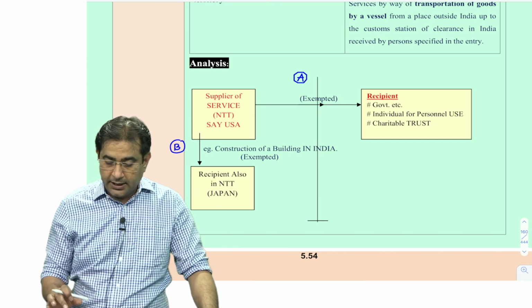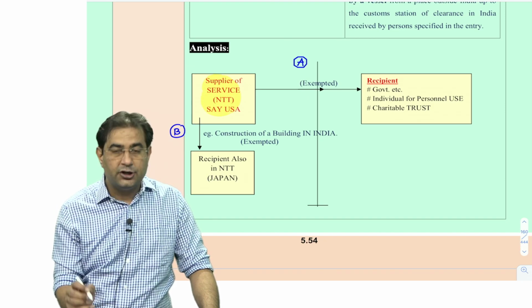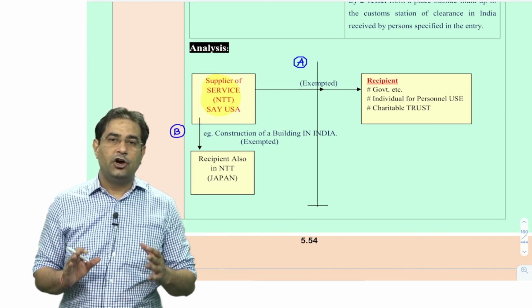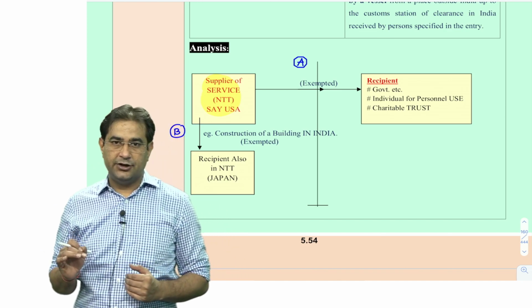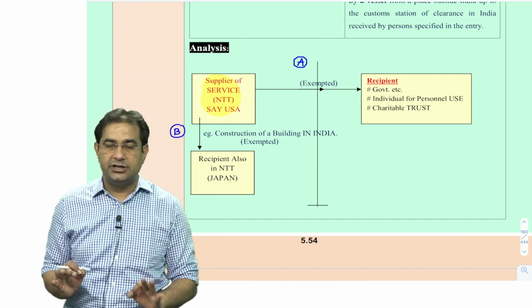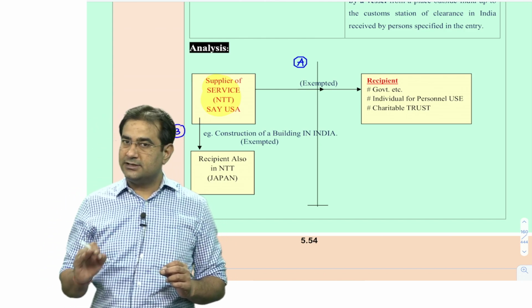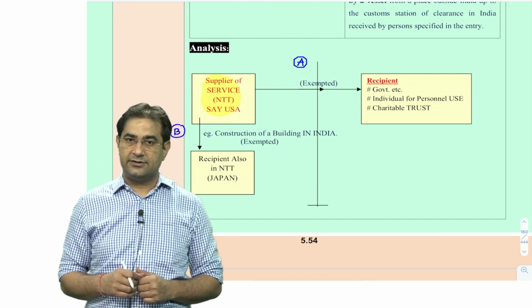Is it okay? Now, in such a situation, the supplier of service is located in non-taxable territory and the recipient is located in taxable territory. When such a situation arises, it is called import of services. Is it okay? It is called import of services.